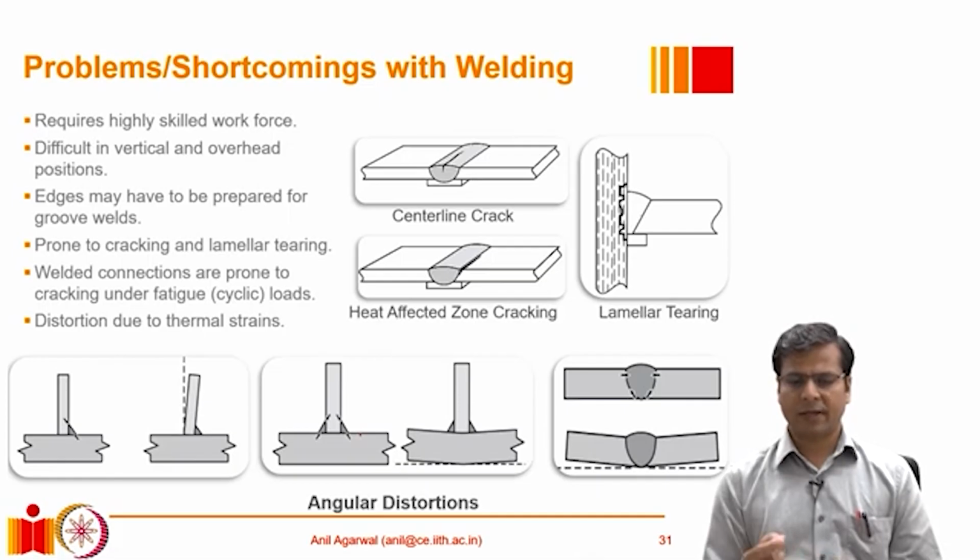Welds can internally have a lot of sharp corners, and those are the portions which introduce stress concentrations, and that is where cracks can start under cyclic loading conditions. Therefore, under fatigue and cyclic conditions, welds are typically found to be less reliable. They can also introduce distortions in structures, which have to be prevented if they go beyond a certain limit.